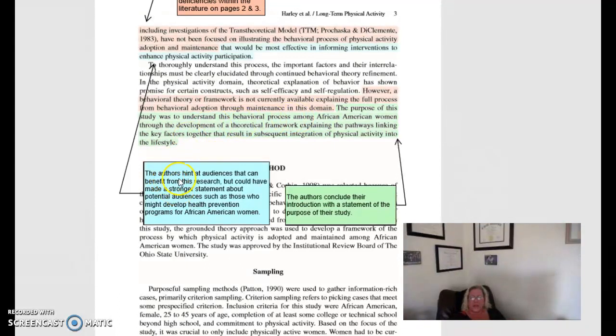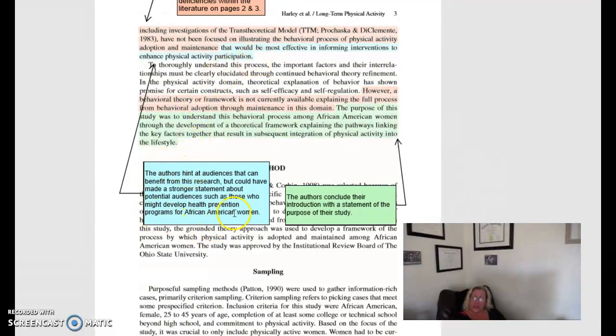And then it says the authors hint at audiences that can benefit from this research, but could have made a stronger statement about potential audiences, such as those who might develop health prevention programs for African American women. It says right up here that would be most effective in informing interventions to enhance physical activity participation.